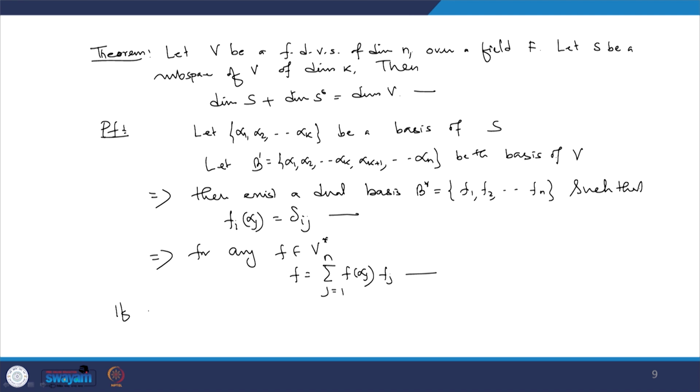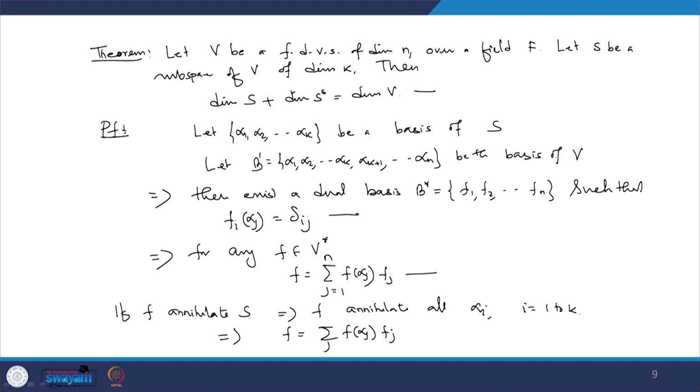Now, if f annihilates capital S, it implies f annihilates all alpha i, i equal to 1 to k. So, this implies that f can be written as a linear combination of f of alpha j times fj, j equal to k plus 1 to n only.